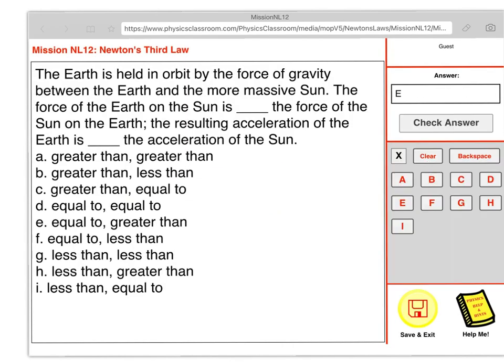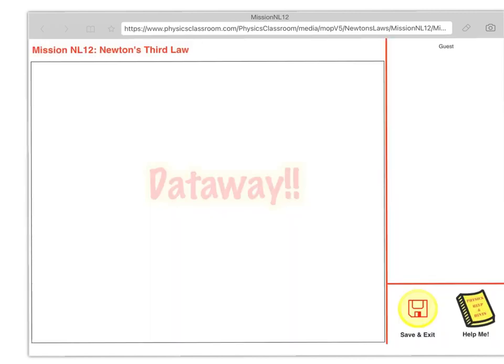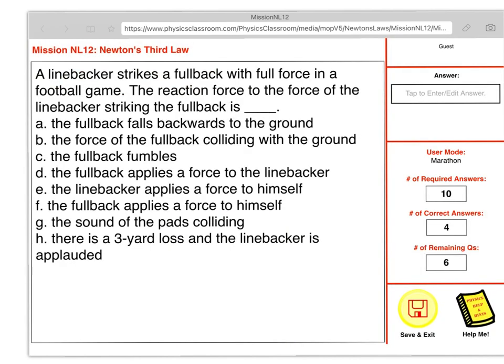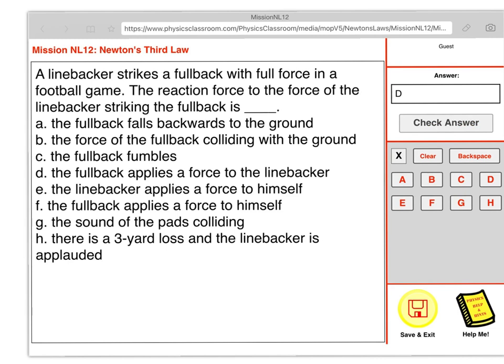The force of the earth on the sun and the sun on the earth have to be equal and opposite, but the earth is much less massive, so its acceleration is much greater. So the earth has a greater acceleration, but equal forces, that's letter E. The linebacker exerts a force on the fullback.